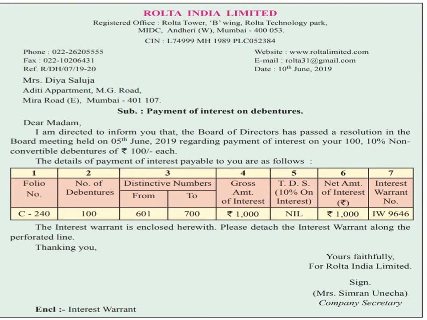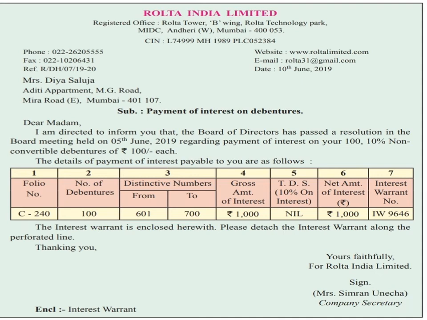She is holding 100 debentures, and their distinctive numbers are from 601 to 700. On those 100, 10% non-convertible debentures, the company is paying the gross amount of interest to her, that is rupees 1000.